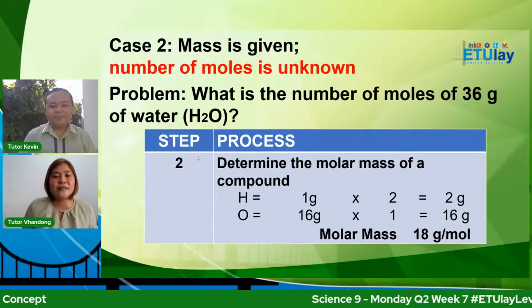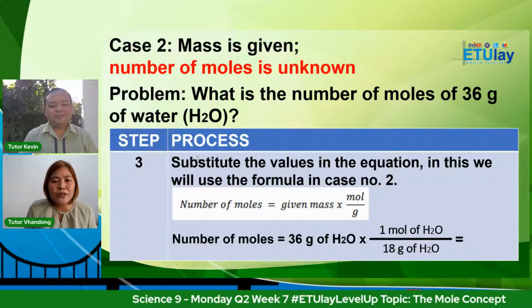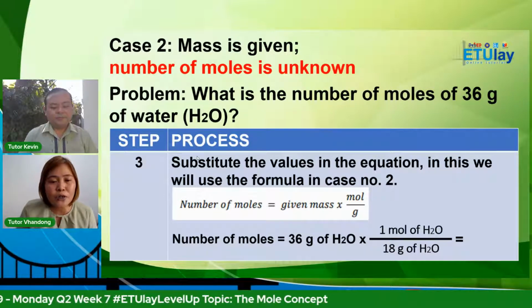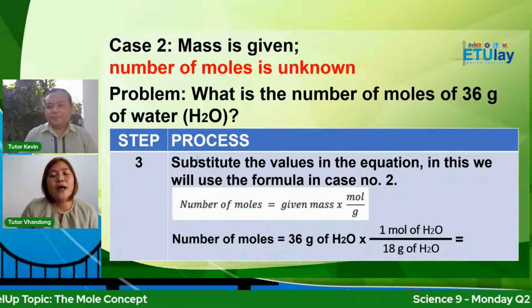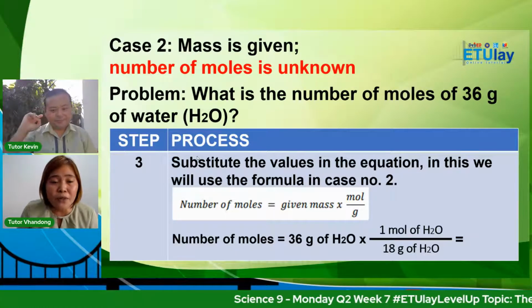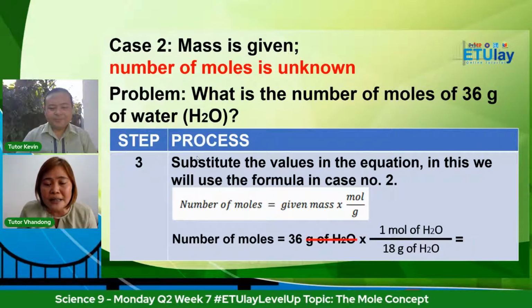That's the molar mass. Okay, next, Tutor Kevin, next step is substitute the values in the equation. Okay, in this, we will use the formula in case number 2. So we have the number of moles, which is 36 grams of water, multiplied by 1 mole of water is equivalent to 18 grams of water, Tutor Kevin. So let us cancel the same unit.